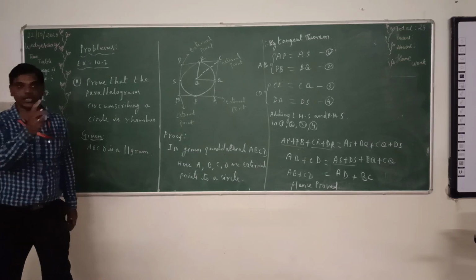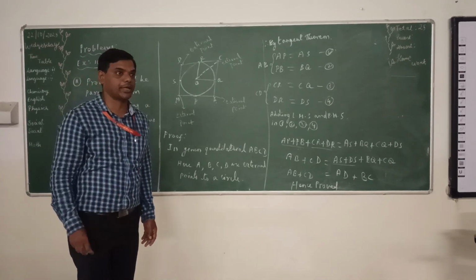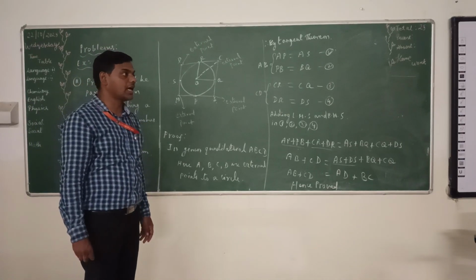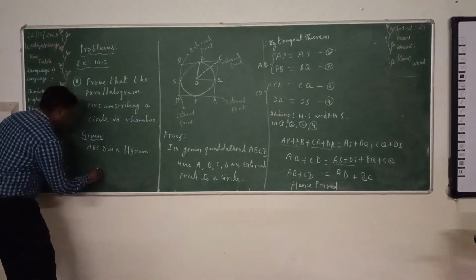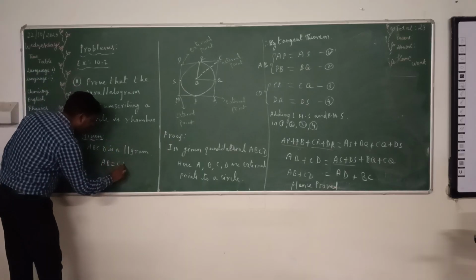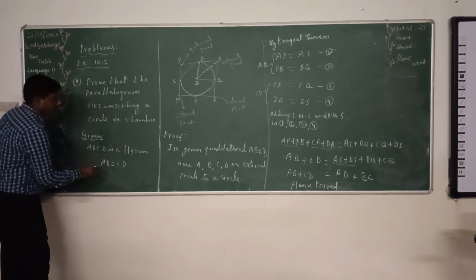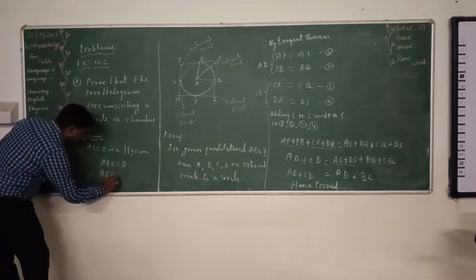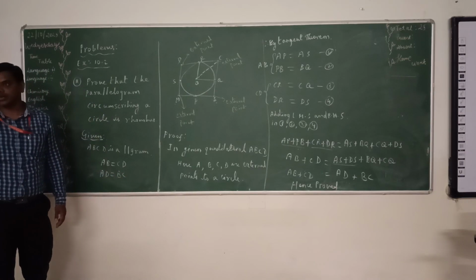In a parallelogram, opposite sides are equal and parallel. So AB is equal to CD, and AD is equal to BC. Opposite sides are equal.